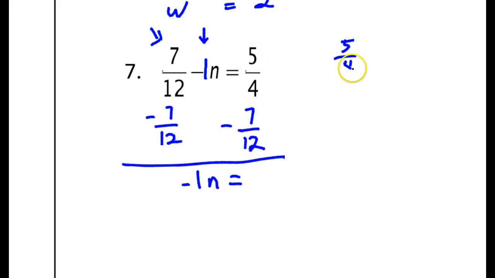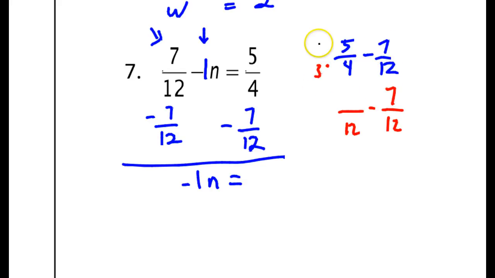Let's do a sidebar here. Okay, so the common denominator will be 12, looks like. Both 4 and 12 go into 12. The second fraction here does not change. It's already a 12. But here we have to multiply by 3 in order to get 12. 15 over 12 is equivalent to 5 over 4 by multiplying by 3 over 3.